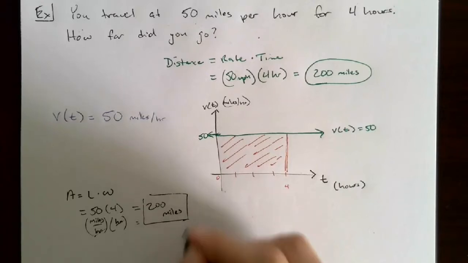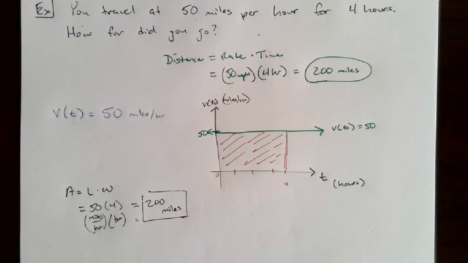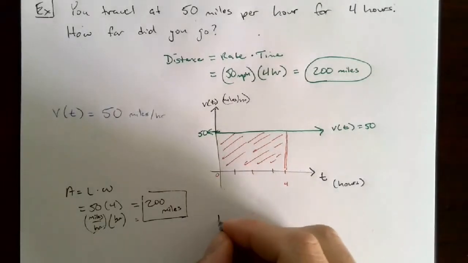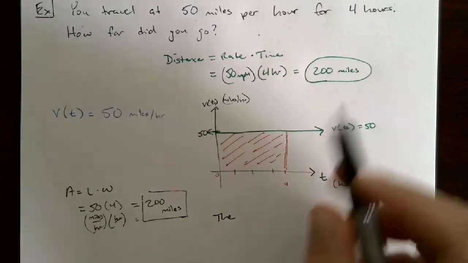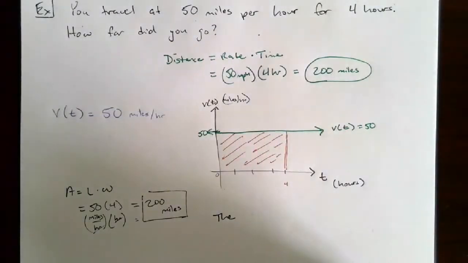So what that shows us is that the area under the curve will give you the total distance traveled, or the total displacement. So what this shows us is that this 200 miles is the same as that 200 miles we said right there.